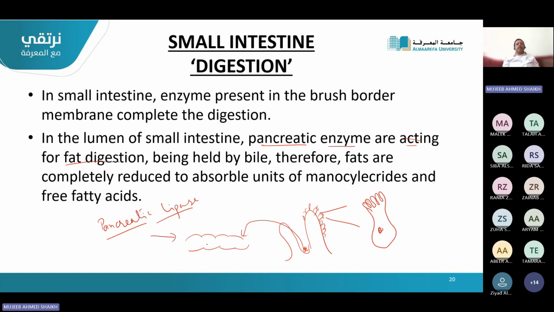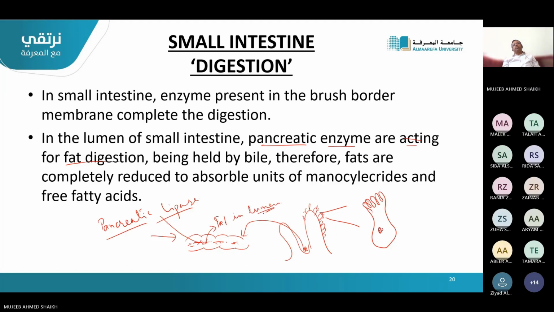Now you must remember one thing, that succus entericus does not contain any enzyme, but pancreatic lipase is present, which is coming from the pancreas. So digestion of fat will be in the lumen of the small intestine.